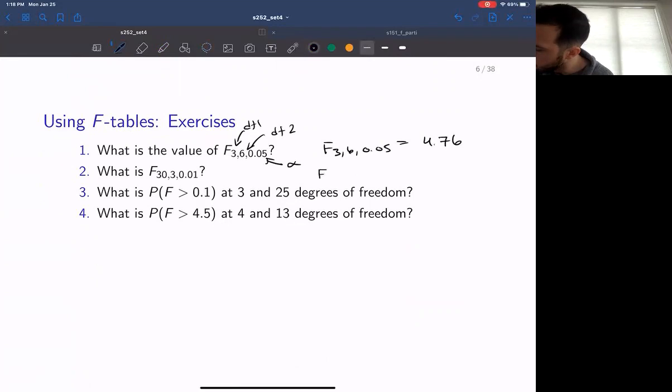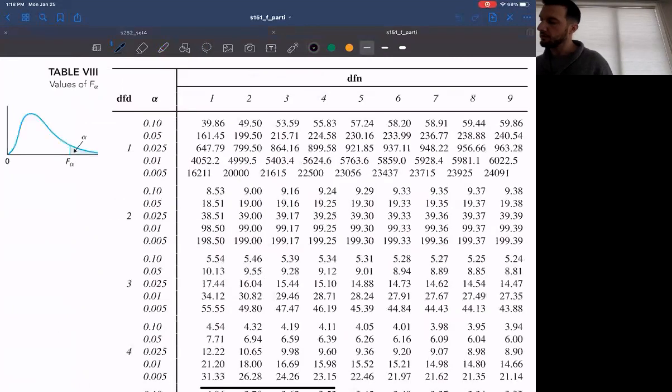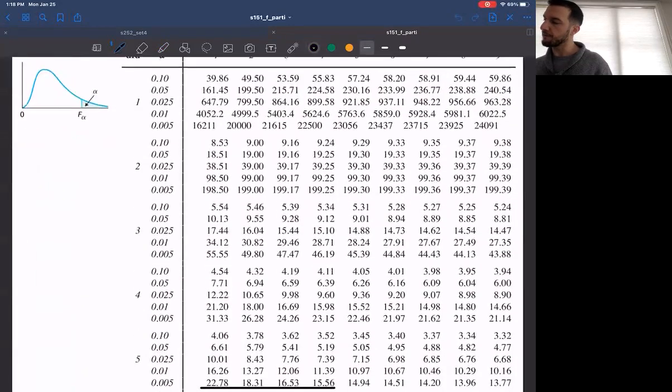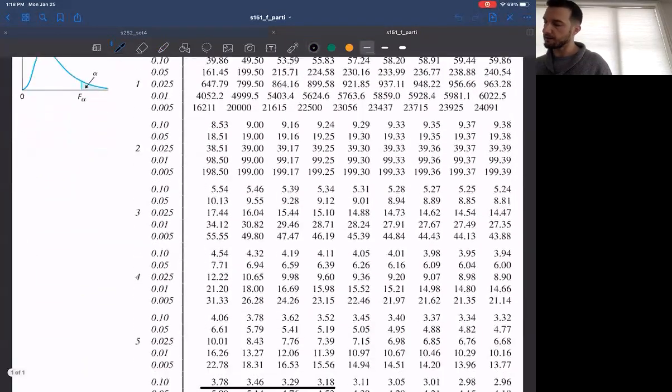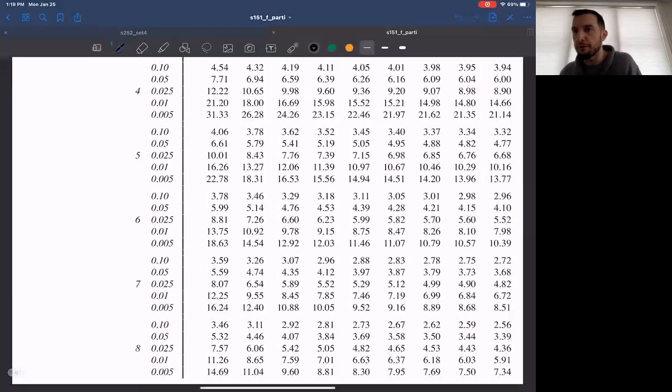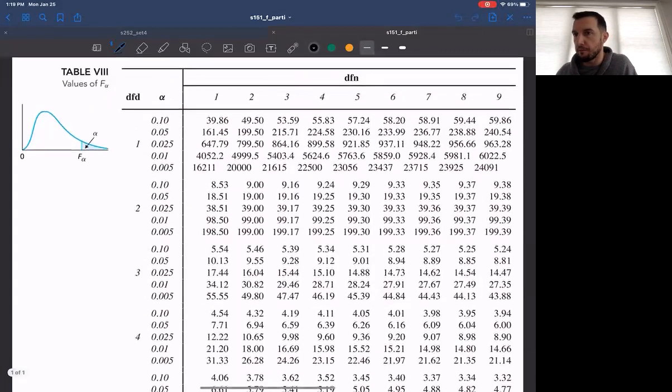Okay, the next one is what is F30, 3, 0.01? When we consider the F table, you'll notice that on the first page, our DF1s go up to 9, and on the second page, our DF2s go up to 8. As we scroll through the F tables, we will be able to consider a range of different p-values.